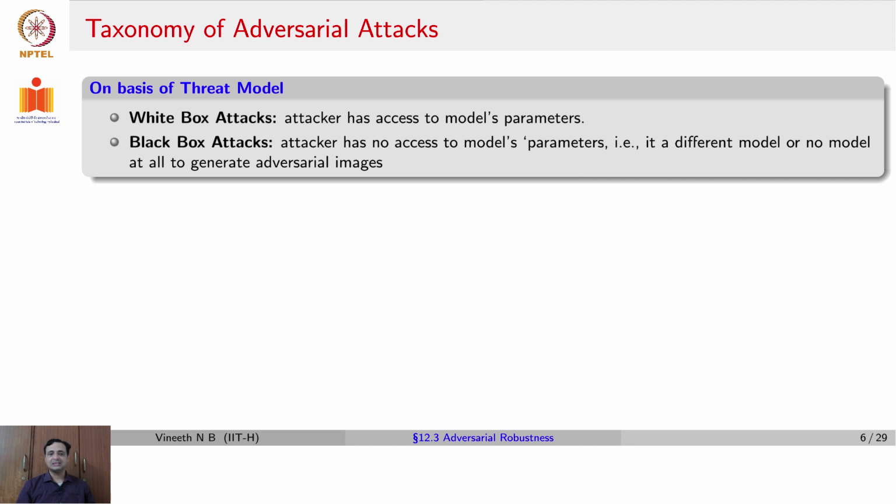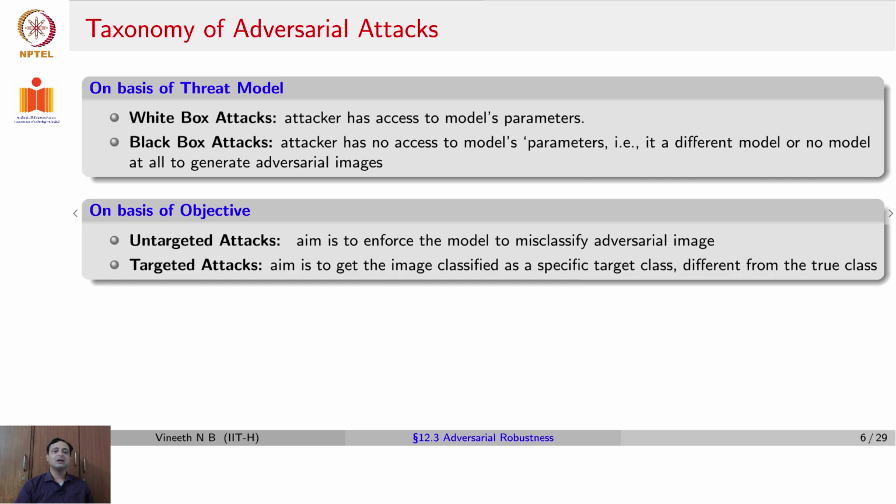In white box attacks, the attacker assumes access to the model's parameters, whereas in black box attacks, the attacker does not have access to the model's parameters. So it's perhaps coming from a different model or no model at all to generate these adversarial images. Remember, adversarial attacks are intended to cause problems with the model. So you could look at that as equivalent to ethical hacking.